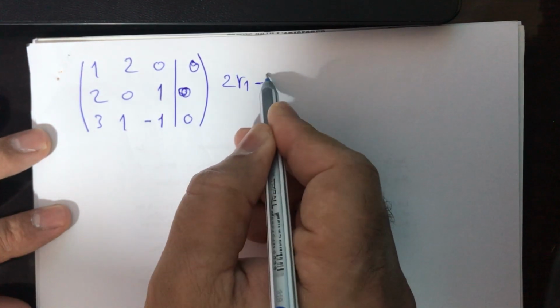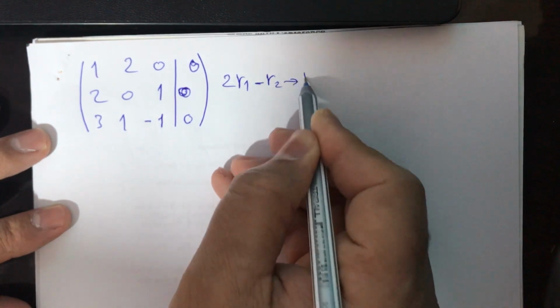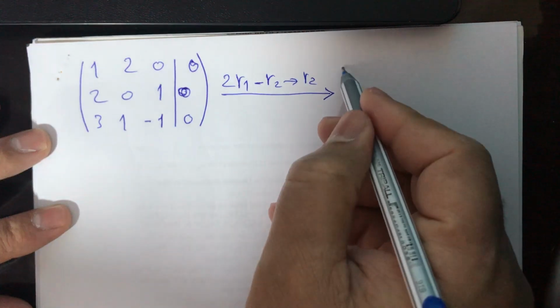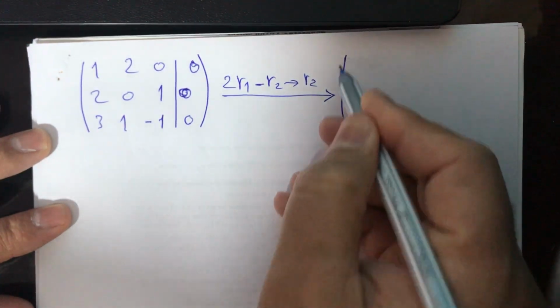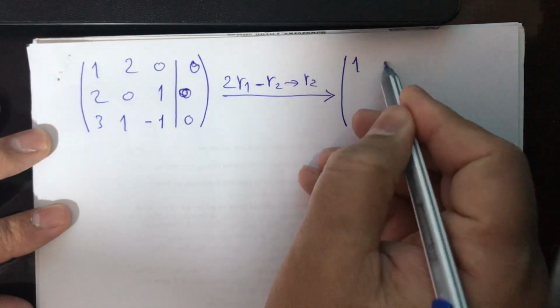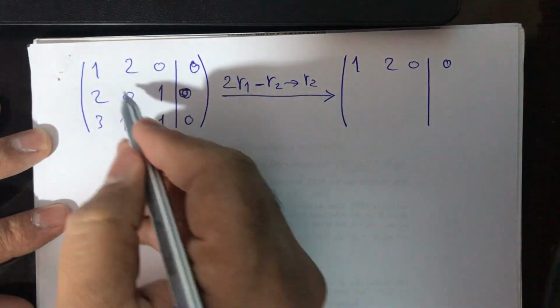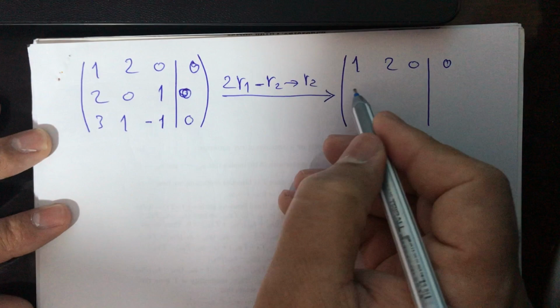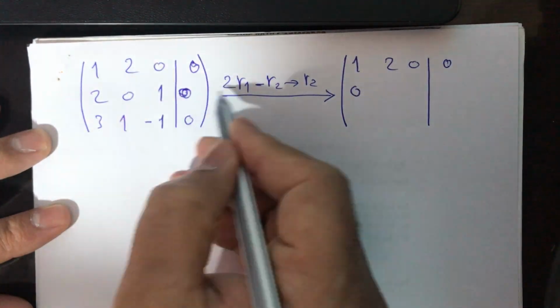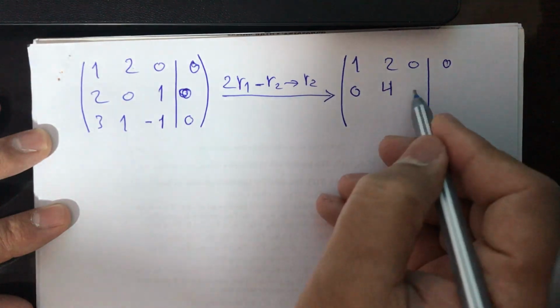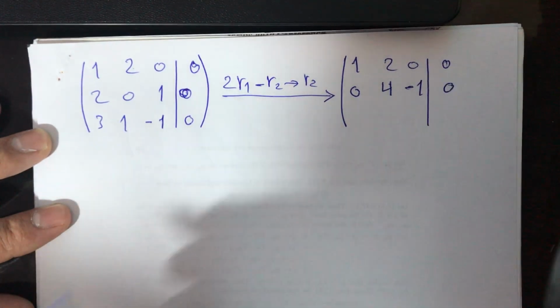2r1 minus r2, write in r2. This implies the same r1: 1 2 0, and this is 0. And r2 will be 2 minus 2 will be 0, and here 4 minus 0 is 4, and here minus 1, and here will be 0.